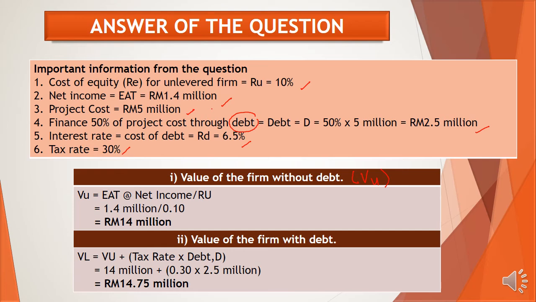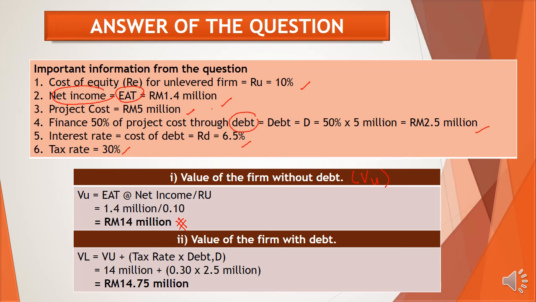Since EAT, or net income, is given at 1.4 million, to calculate VU we use the formula EAT divided by RU. So 1.4 million divided by RU 10%. You will get the value of the firm without debt equal to RM 14 million.